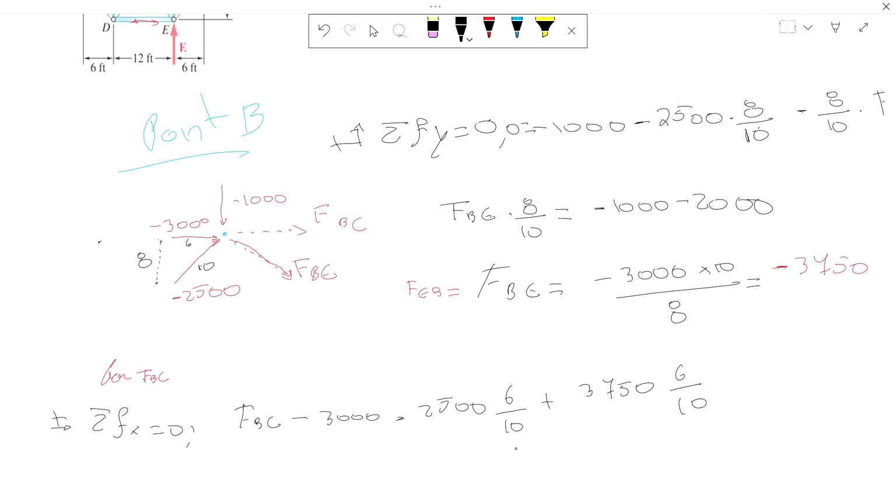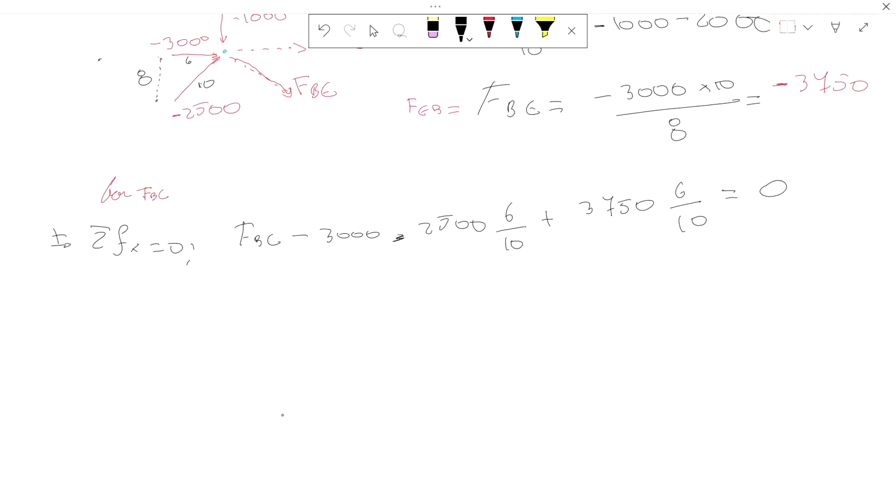So we have summation of forces of B to C, which is the one we're trying to find, negative 3000 minus 2500 times 6 over 10, plus 3750 times 6 over 10. Alright, so in that case, all that is equal to 0.